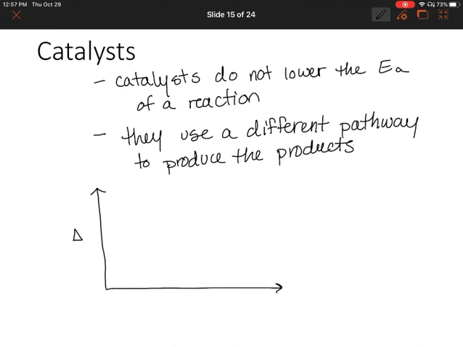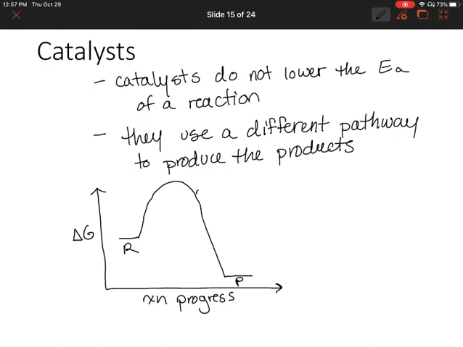So let's look at free energy versus the reaction progress, and we'll just think about a generic reaction where we have reactants and then a really large activation energy and then our products.